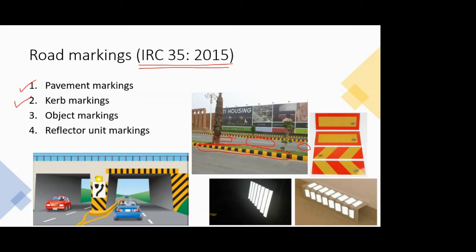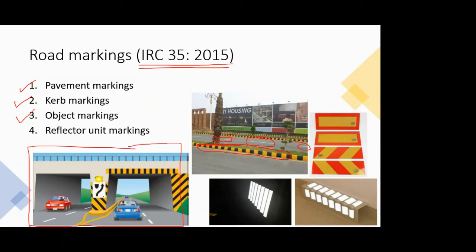Now this might not seem important during daytime, but at night time it is very important, so that there is no mishap of any vehicle entering the footpath. Then the third type of road marking is object marking. Again, you can see this in the bottom left figure, the one which I am highlighting.